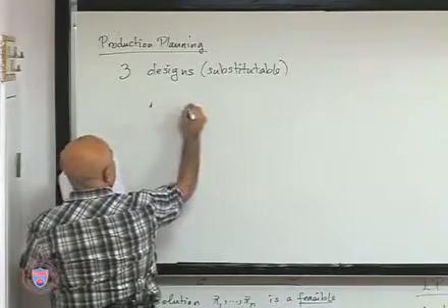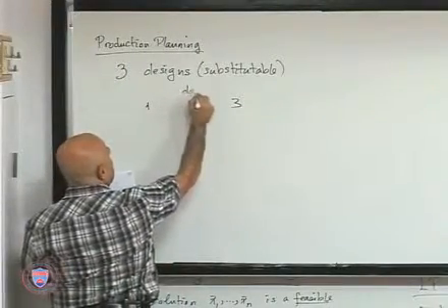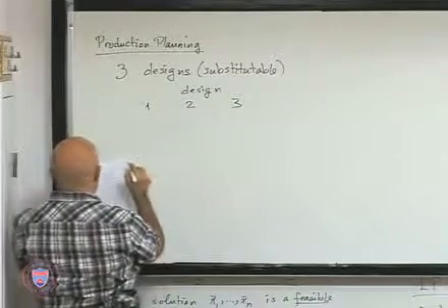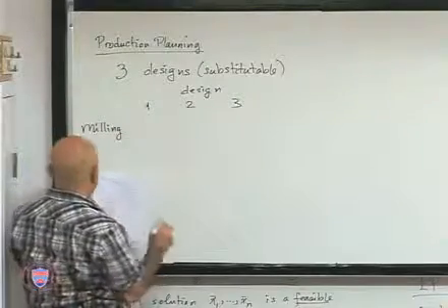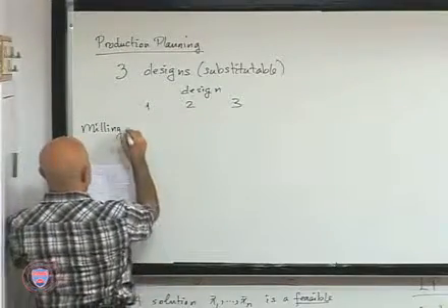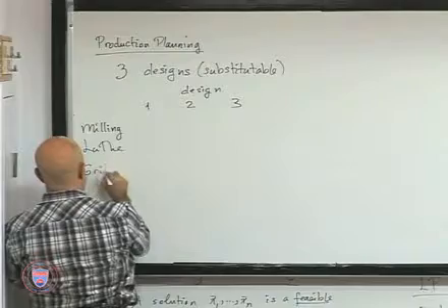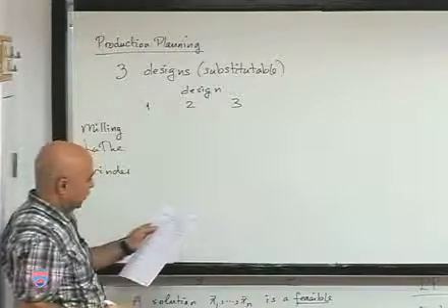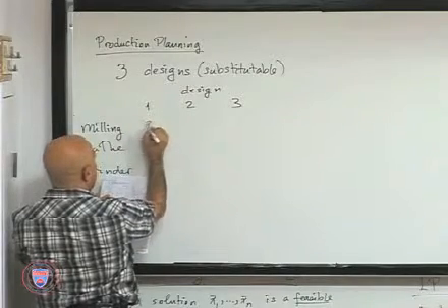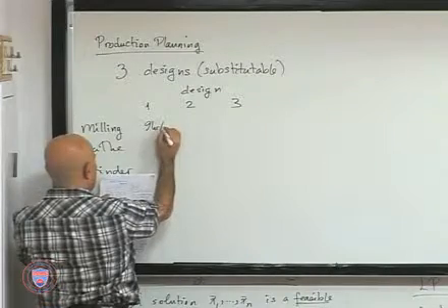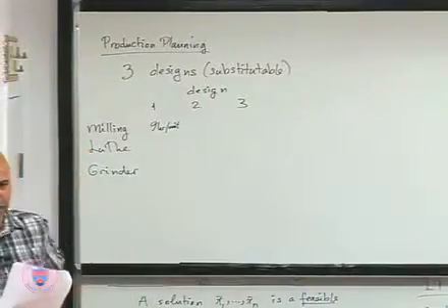Now, let me give you the data in tabular form. These are the designs, number 1, 2, and 3. Each design uses these three machines: the milling machine, the lathe, and a grinder. So it turns out that for the first design in the milling department, you spend 9 hours per unit. Okay?